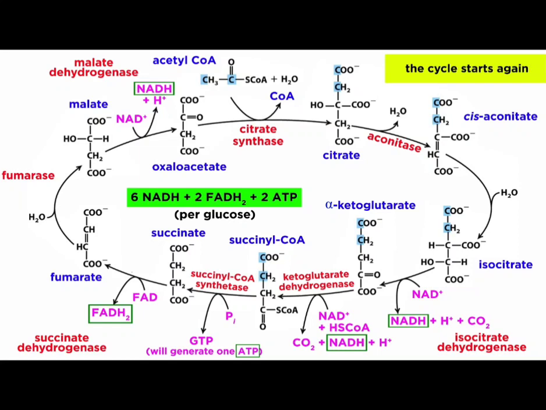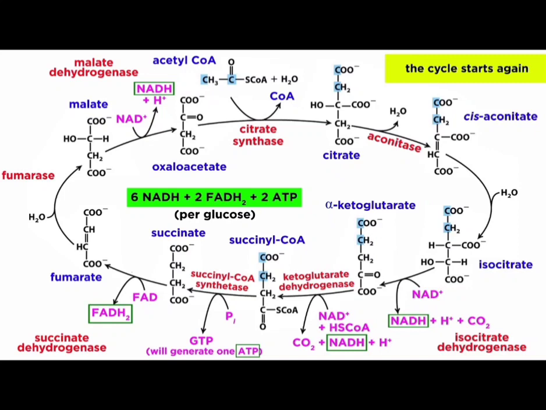Let's move on to the energy yield, or final step, of the Krebs cycle. We get 3 NADH, 1 FADH2 and 1 GTP molecule at the end of the Krebs cycle. But you can see in the illustration that we get 6 NADH, 2 FADH2 and 2 ATP molecules per glucose. So let's revisit glycolysis.